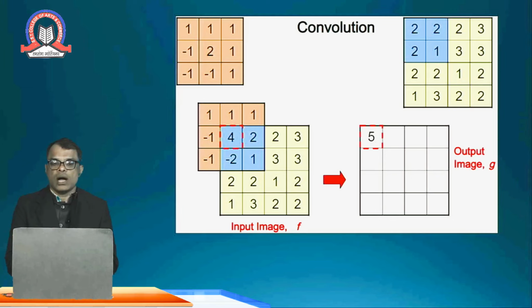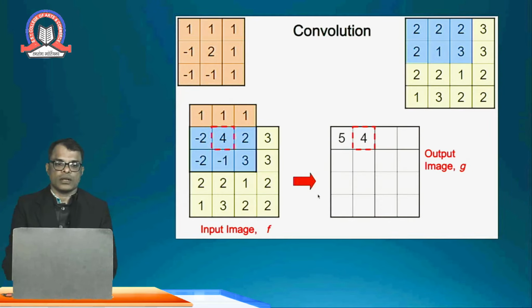Then you have to shift the effect matrix, that is this brown color matrix, to the next position. We will see that in the next slide. The same thing, I shifted to the next position. Again the overlapping values I have to multiply, and then I have to do the total of this. The total of this will be 4. So I have to keep on shifting the matrix and keep on calculating the values.